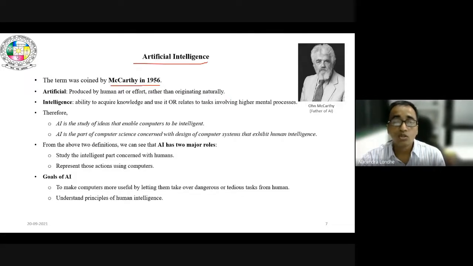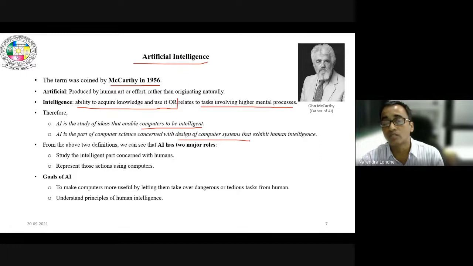It is an ability to acquire knowledge and use it, or relates to tasks involving higher mental processes, right? And therefore, AI is the study of ideas that enable computers to be intelligent. It is a part of computer science concerned with the design of computer systems that exhibit or mimic human intelligence, right?